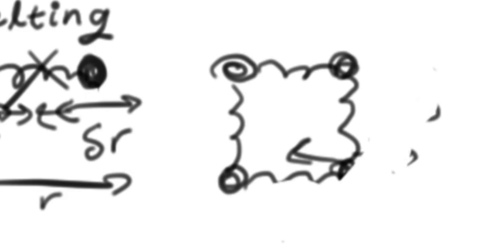So the Lindemann criterion for melting just says that if delta R is greater than some constant, we can just call it C of R times R, then that means that we don't have a solid anymore.